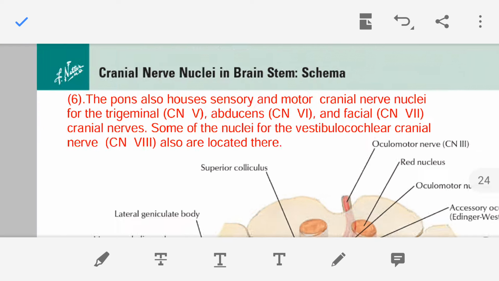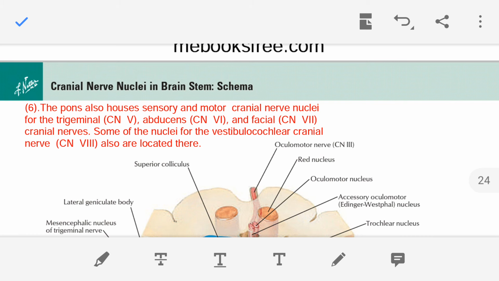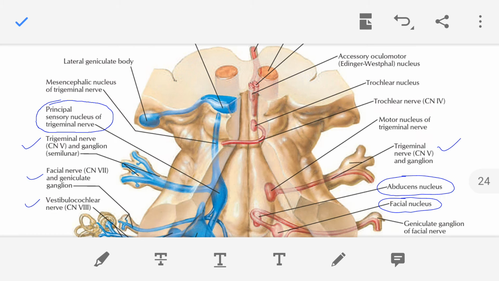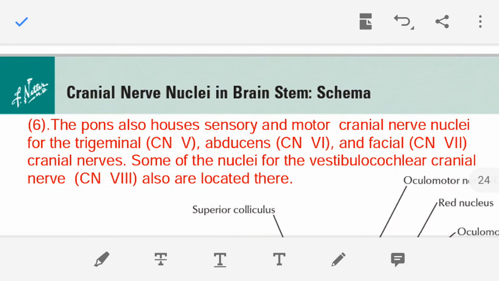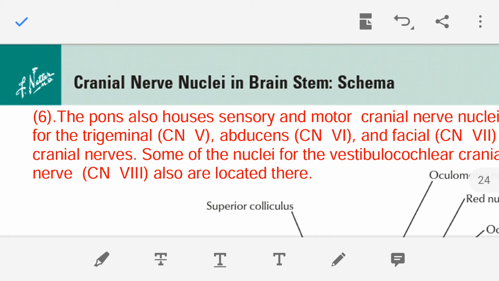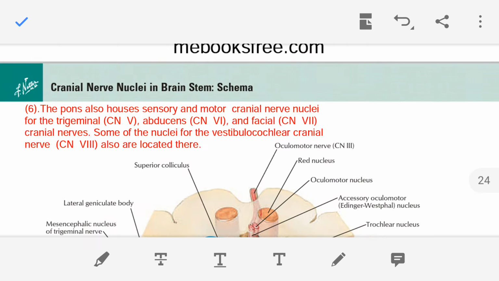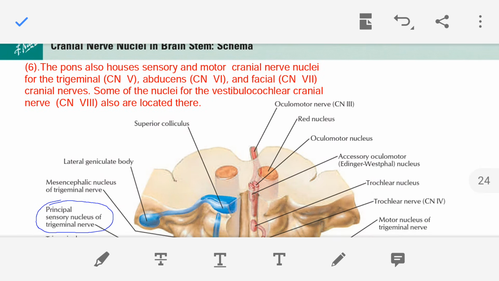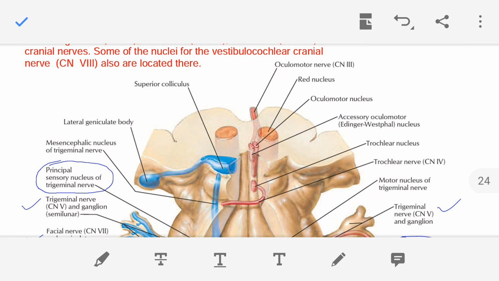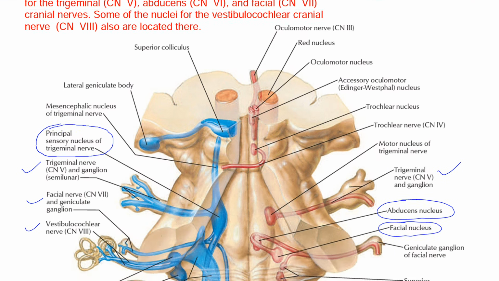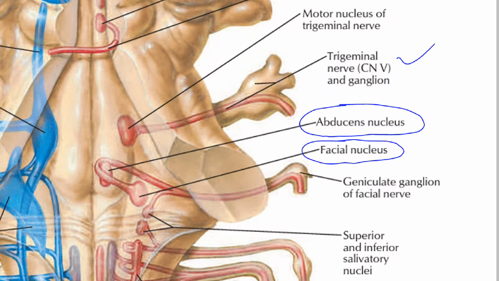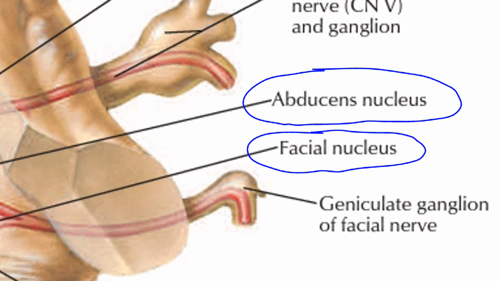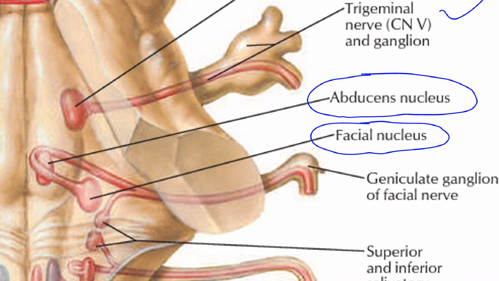So we are going to look at these nuclei and the cranial nerves. Here, the figure we are looking at is the cranial nerve nuclei in brainstem schema. Okay, so the scheme of nuclei and cranial nerves is shown to us. And here, as you can see, I have circled the name of the nucleus. So in the pons, you see where the abducens nucleus is present.